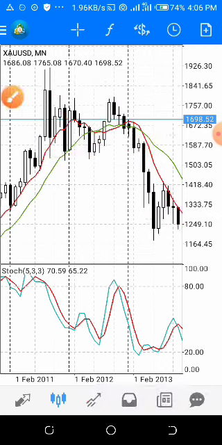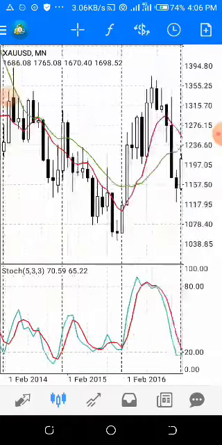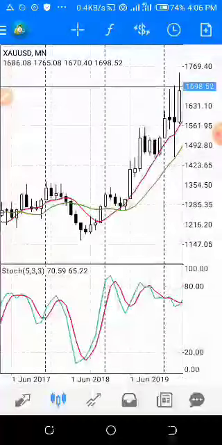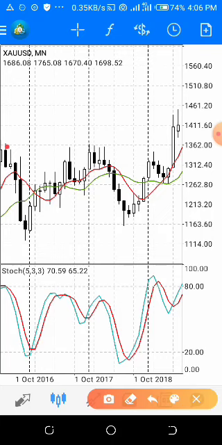All right, so now that is a break in structure for an uptrend, and this is a break in structure for the downtrend. So price came in to form the lower low and went up to form a higher high.